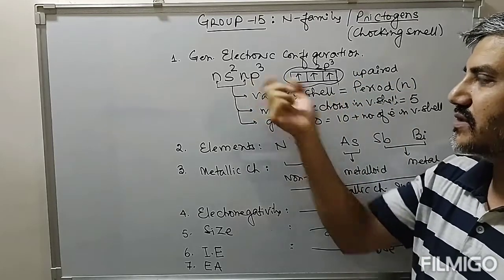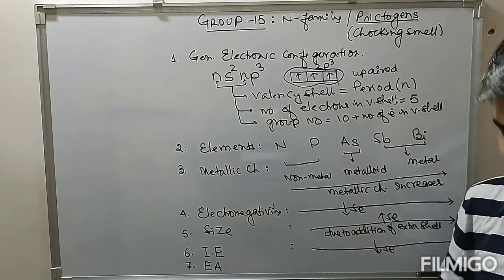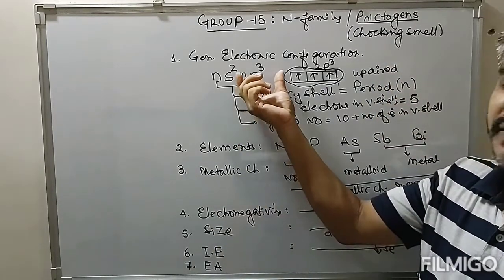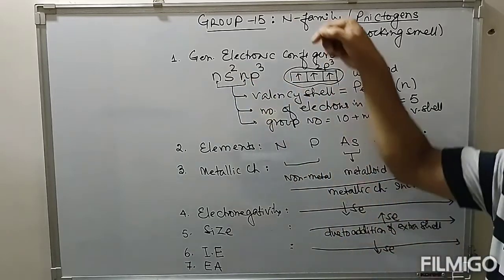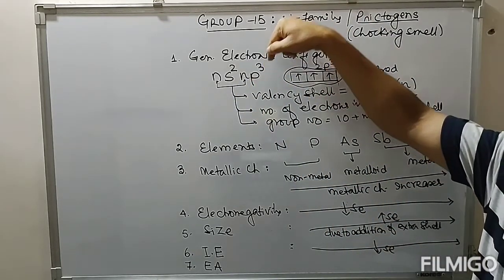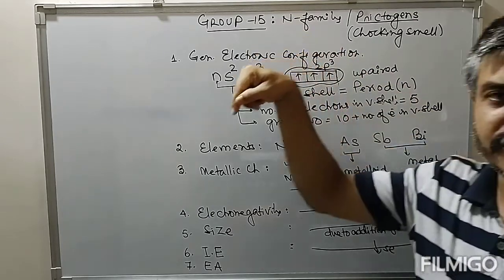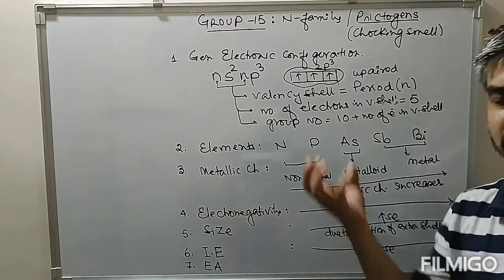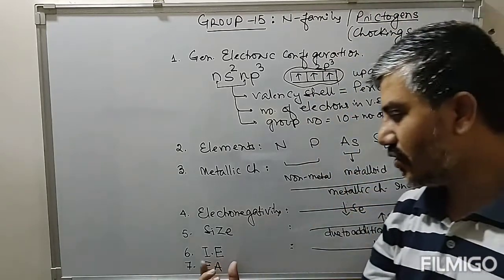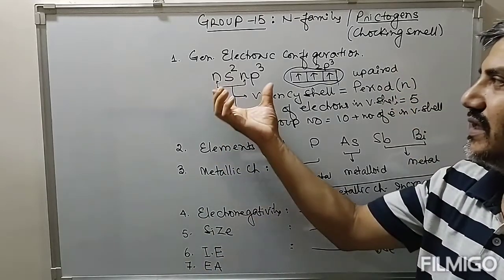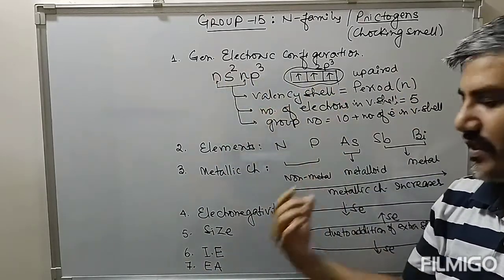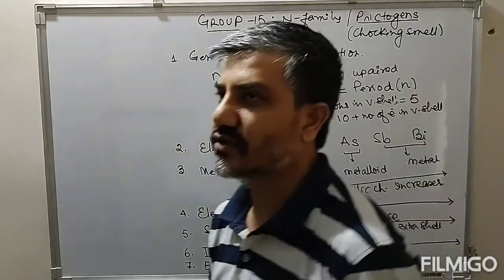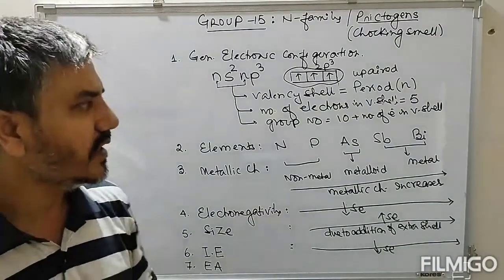Due to the extra stability of this half filled configuration, the electron gain enthalpy values are positive, because on addition of an electron, the half filled stability of the p3 configuration will be destroyed. To destroy it means you have to supply energy. So the electron gain enthalpy values for these group 15 elements are positive, because they won't like to accept an electron and be converted into a negative ion.